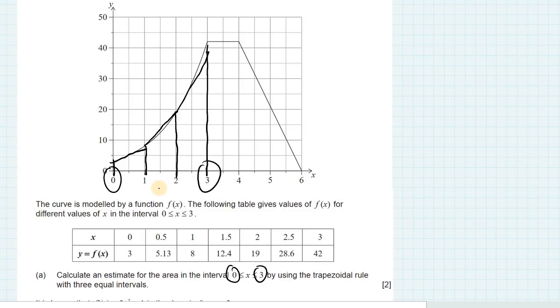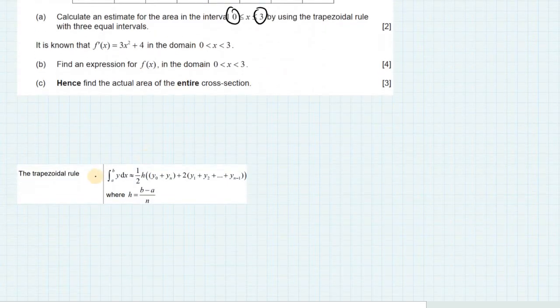That's basically the trapezoidal rule. However, in your formula booklet, you have a formula for the trapezoidal rule, and we will use that instead.